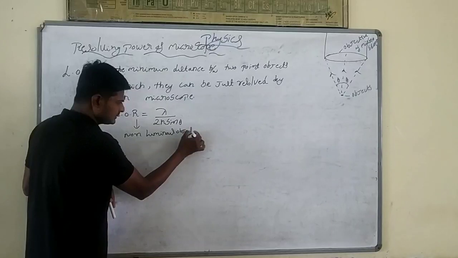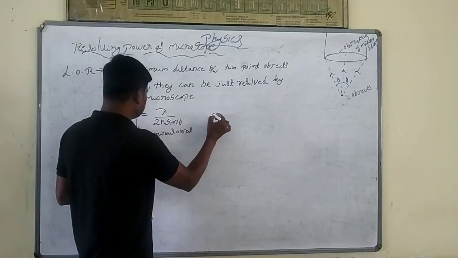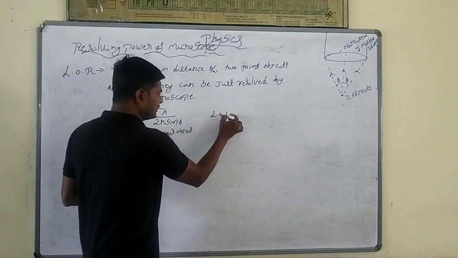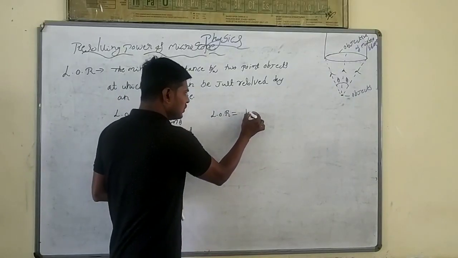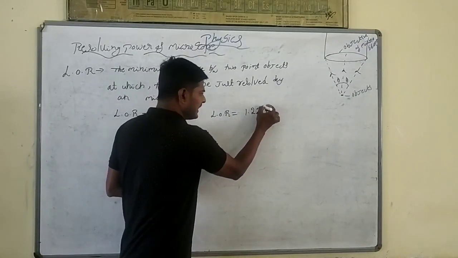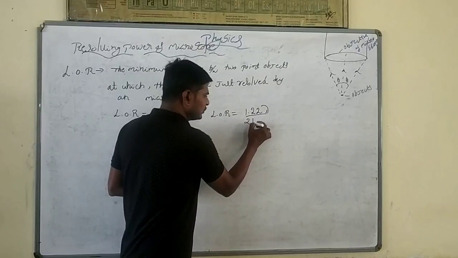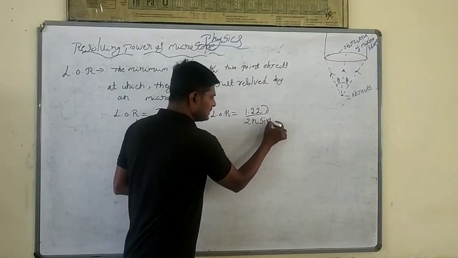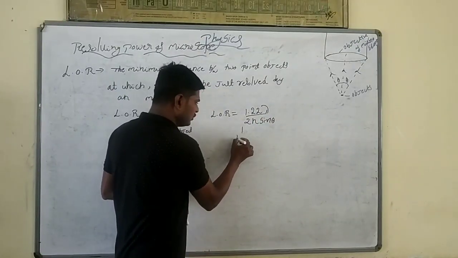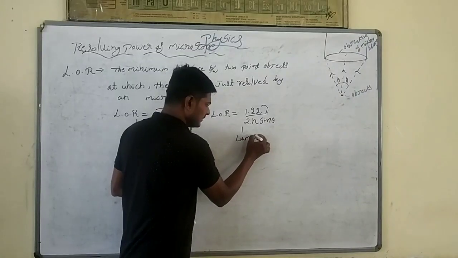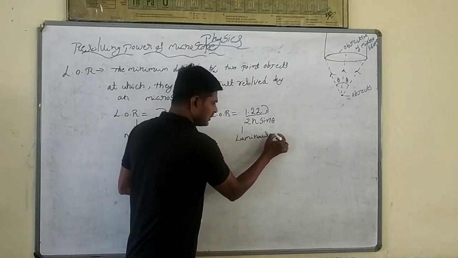For luminous objects, the limit of resolution is equal to 1.22 lambda divided by 2n sin theta.